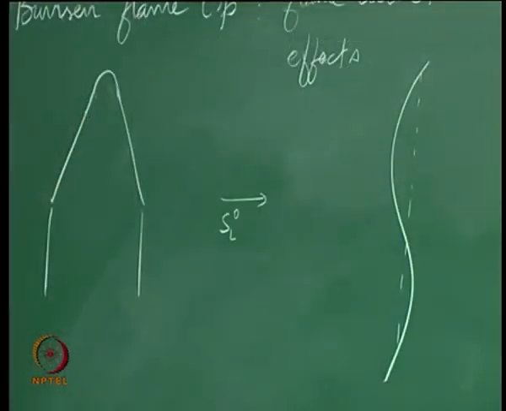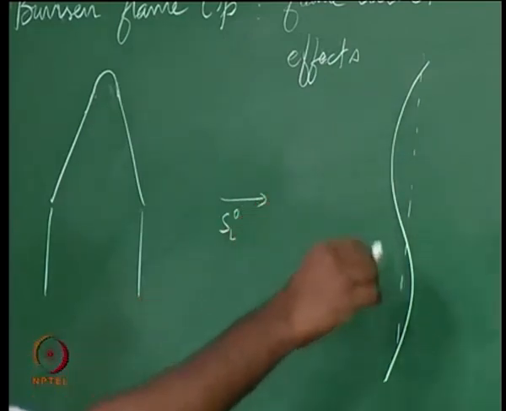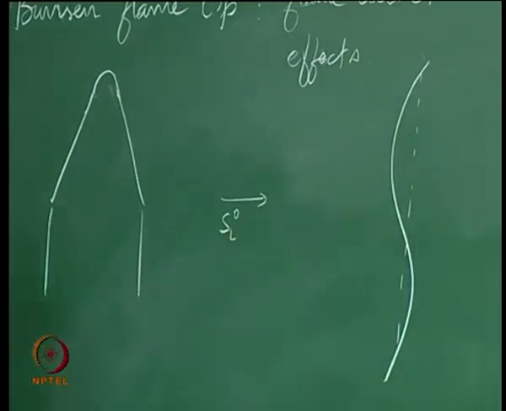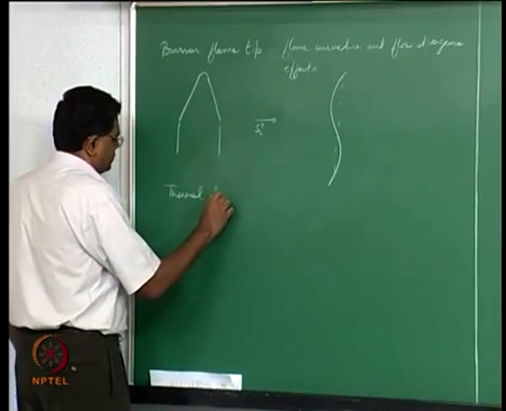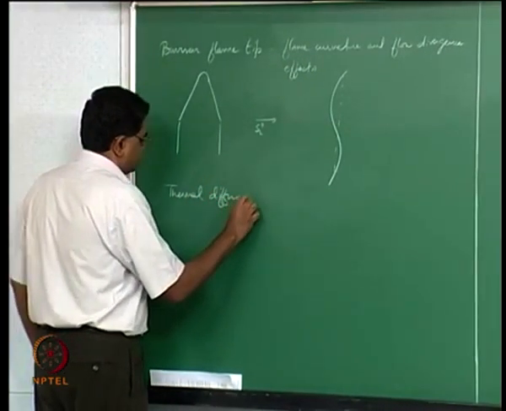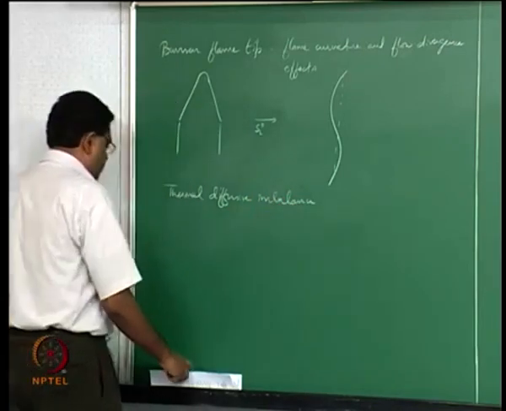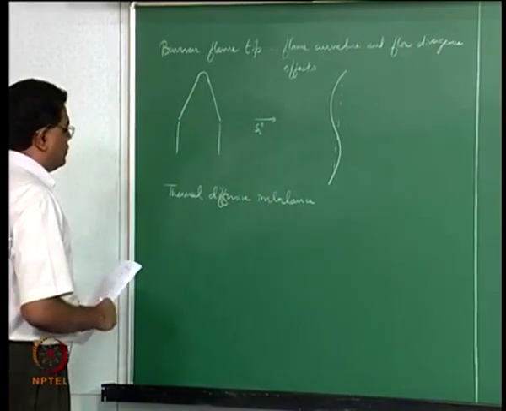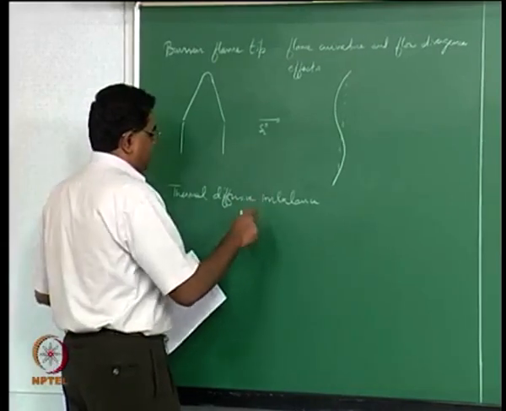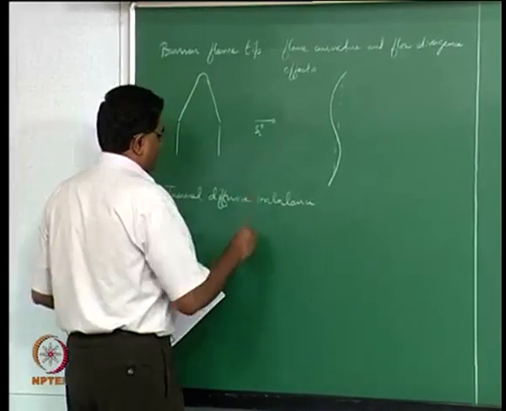What we want to talk about here is two different kinds of processes that come about when you have this kind of curvature. One is a thermodiffusive balance or imbalance, depending upon what really happens.